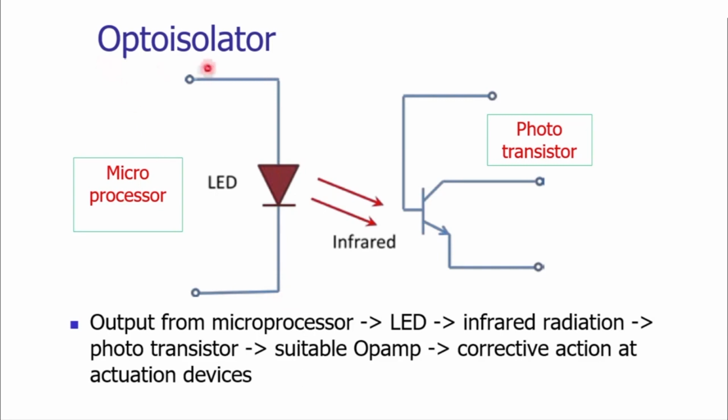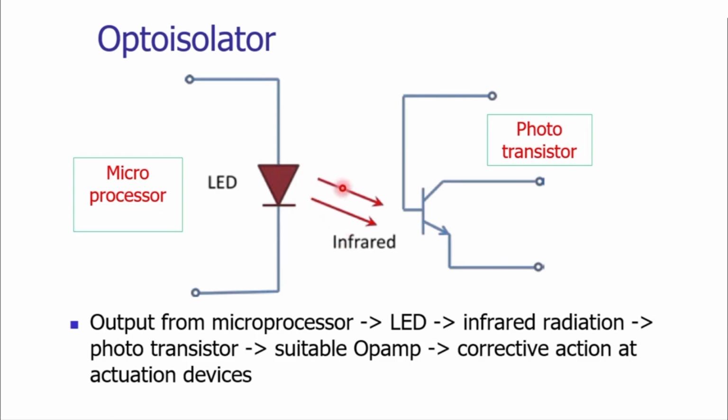So in this device there is an LED. That LED is connected to the microprocessor. The current flowing through the microprocessor is passing through the LED. As the current is flowing through the LED, it is glowing. It is radiating light energy. The intensity of the light is directly proportional to the flow of electricity through the microprocessor.